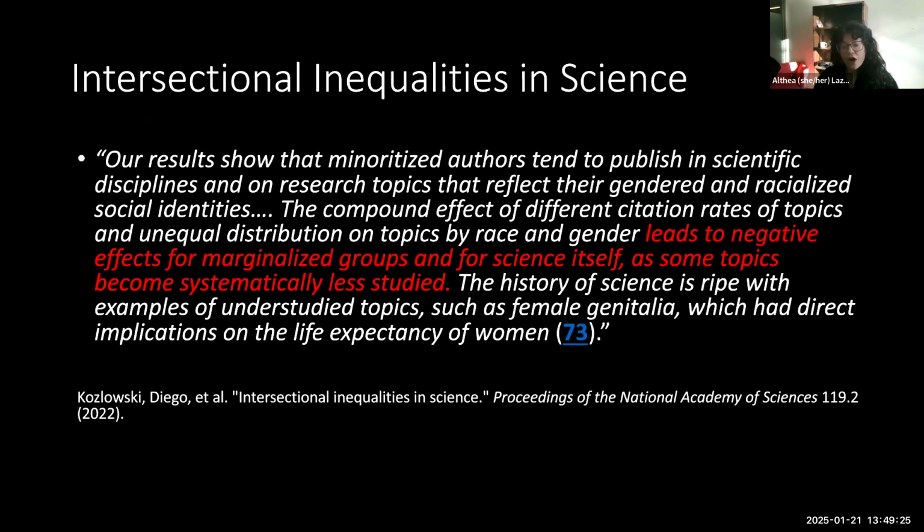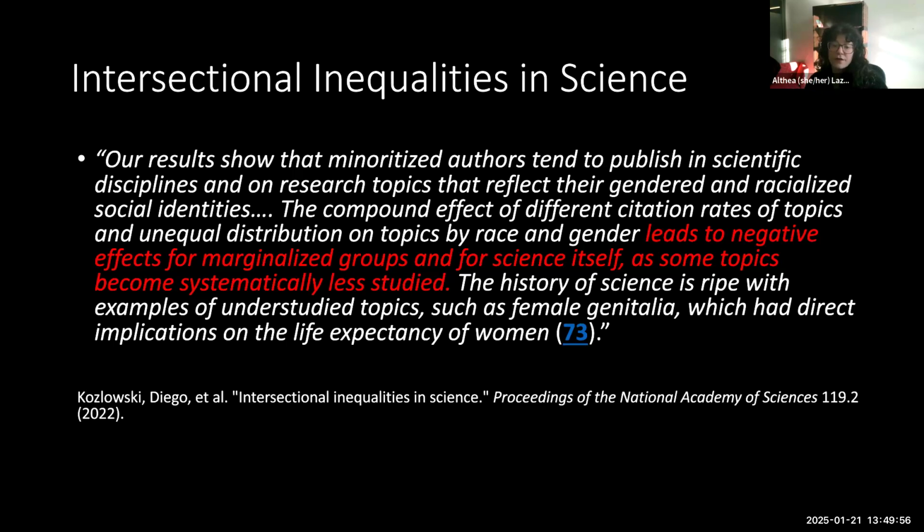In an article called Intersectional Inequalities in Science from 2022, the authors found intersectional inequalities. They say that our results show that minoritized authors, that means authors who are less represented in that field, tend to publish in scientific disciplines and on research topics that reflect their gendered and racialized social identities.